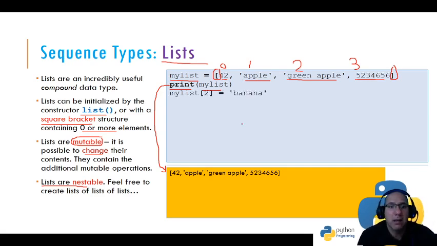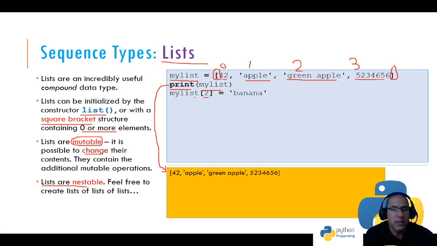Also, I can change any value of this list, or delete any value, or extend this list and add more values. So let's say I want to modify the value at position 2, this one, which means green apple, to banana. I can do this. I cannot do this for strings, but I can do this for list.